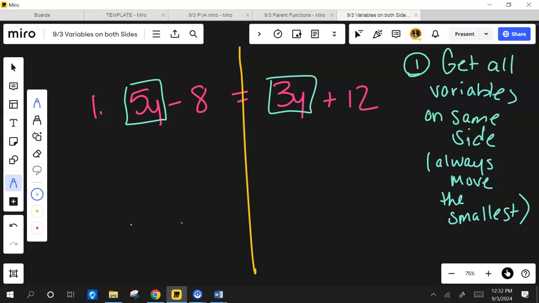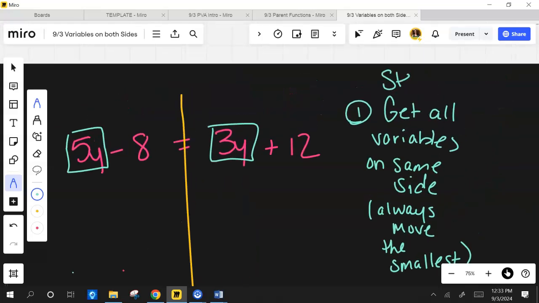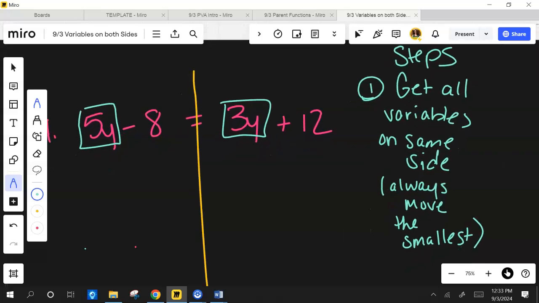Steps to solve, step 1. And then we're doing the example down here with it. I'm just showing you how these steps are corresponding to the example that's there. So these are the steps, and this is example 1. Now we said we're going to move the smallest one. The 3y y'all said was smaller, right?